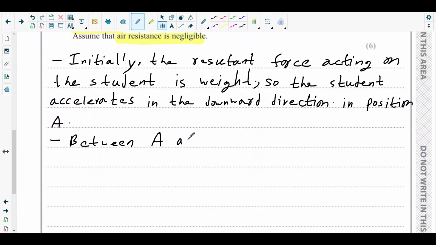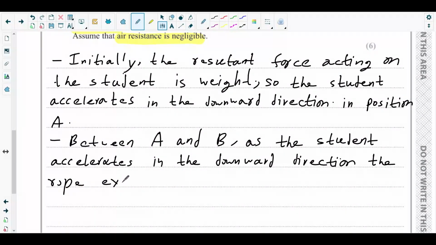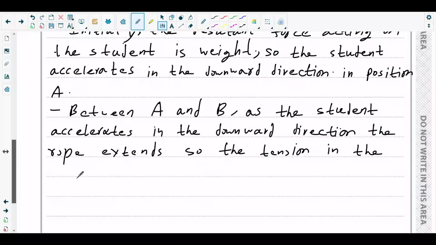Between A and B, as the student accelerates in the downward direction, the rope extends, so the tension force in the rope increases.